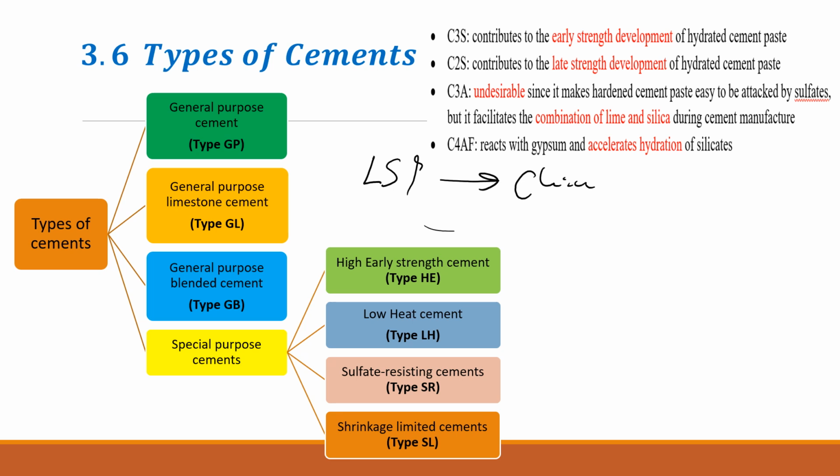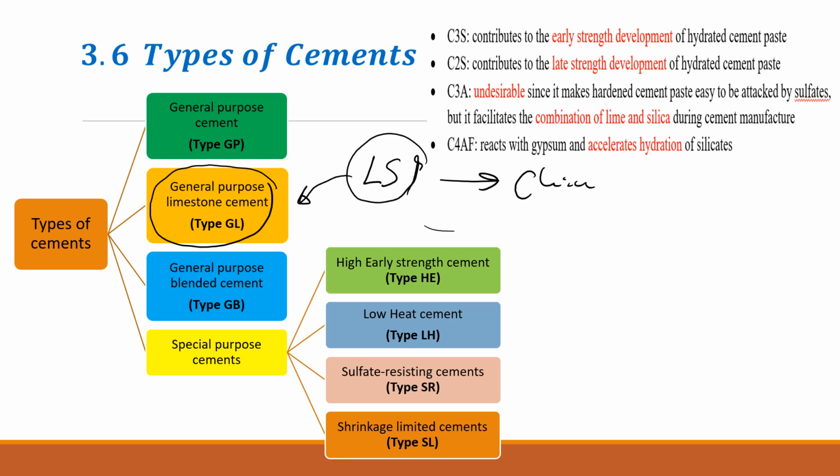So we can add some limestone before, without burning, to the cement to reduce cost, and also it is for rendering purposes. We don't need much strength, we need the smoothness. So having a percentage of limestone is better for rendering. When we have some limestone added to the cement, we call that type GL.